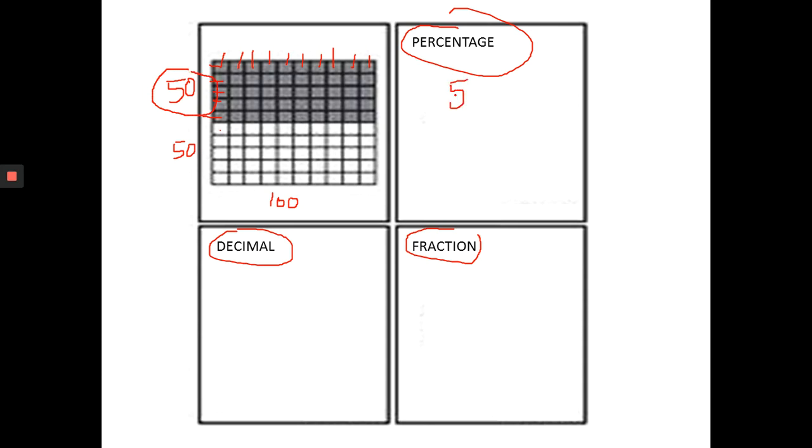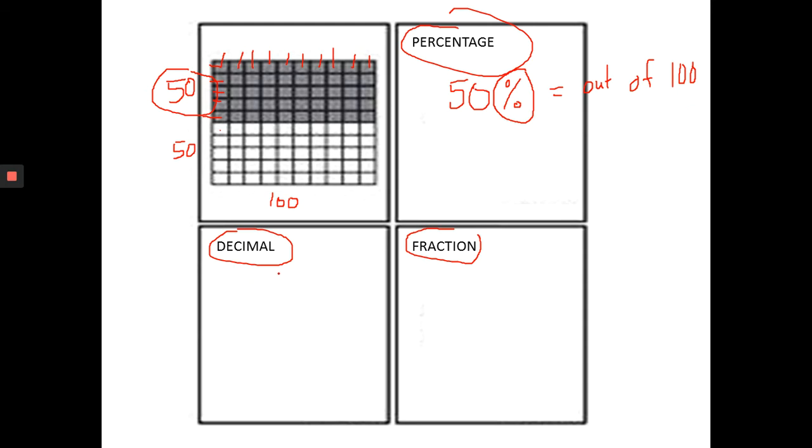So 50 black boxes are there out of 100. Again, the meaning of percent is out of 100, of every 100. So there's 50 out of 100.